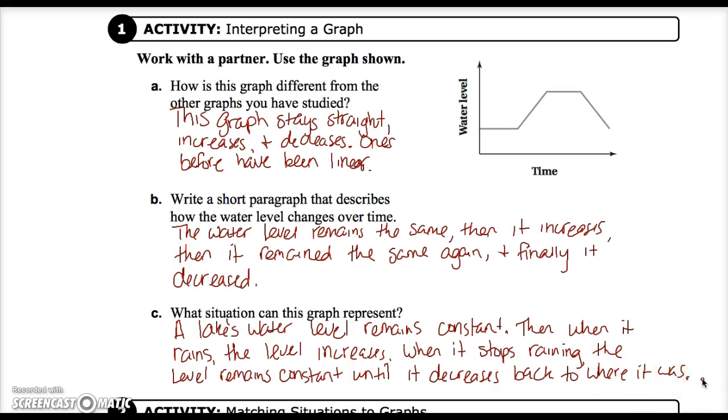So I know that's a lot of writing, but we explained there's basically 4 sections to this graph. The straight line, the increase, the straight again, and then the decrease. So we just explained each section of that.